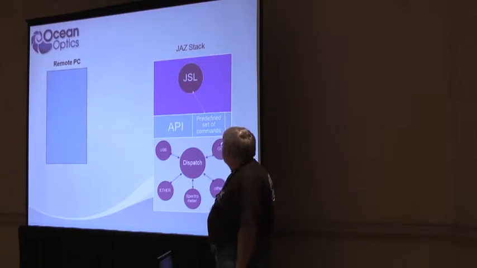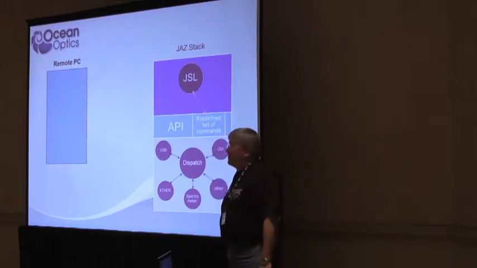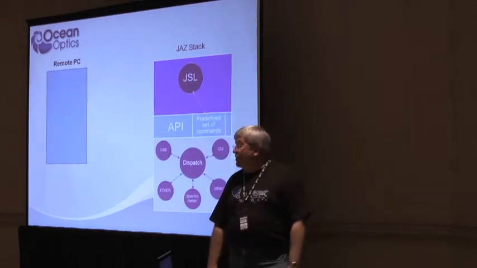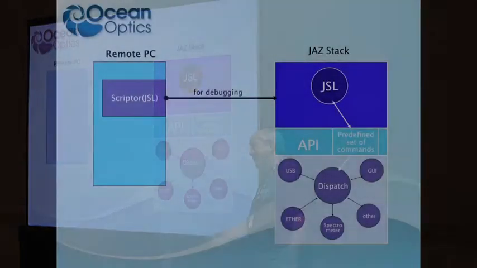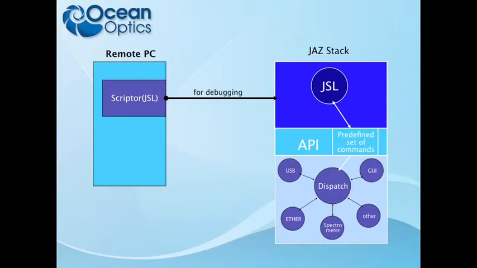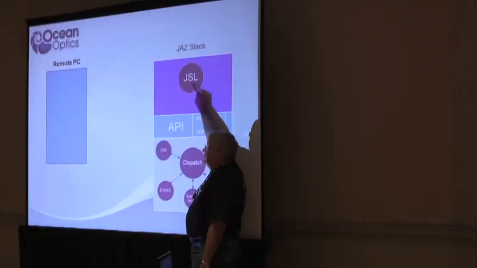And what happens is JSL talks to those predefined commands, the ones that we have determined are necessary, the ones that we allow you to do. Those commands then talk directly to dispatch. So when you want to get a spectrum, you say get spectrum.